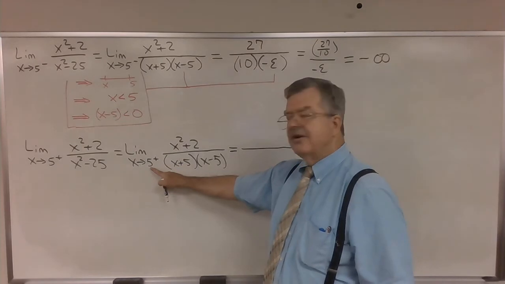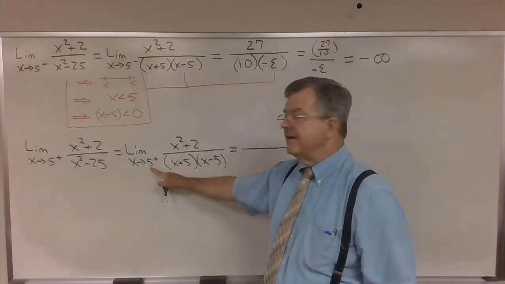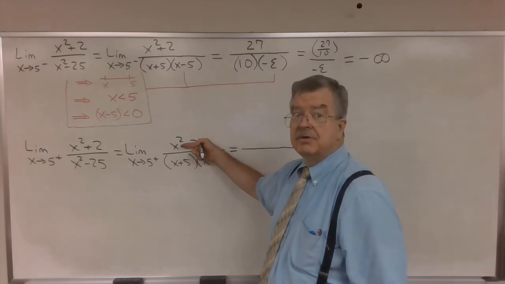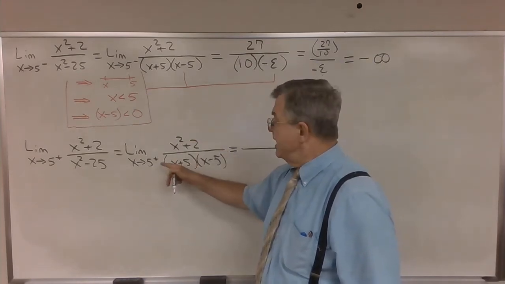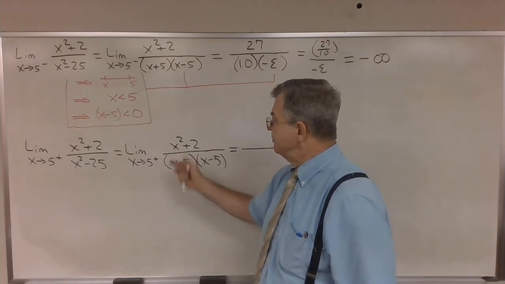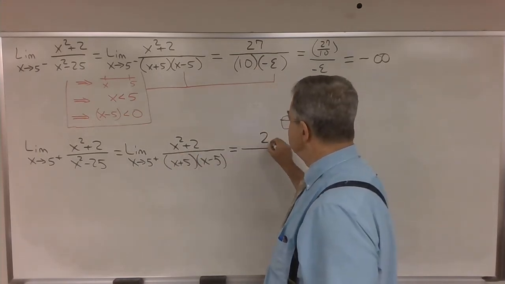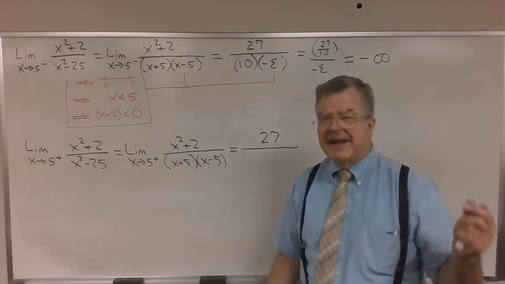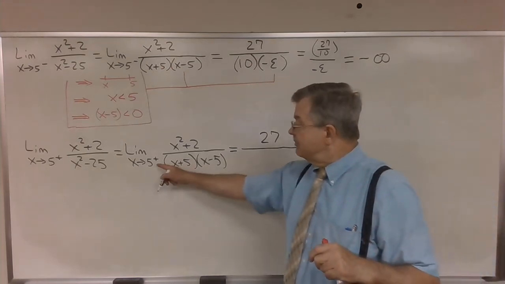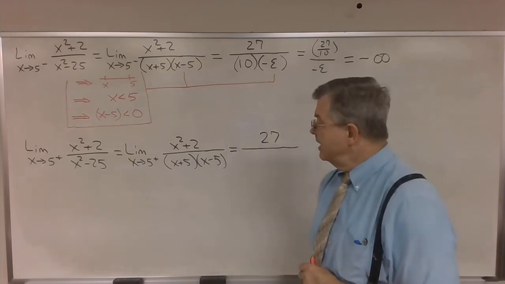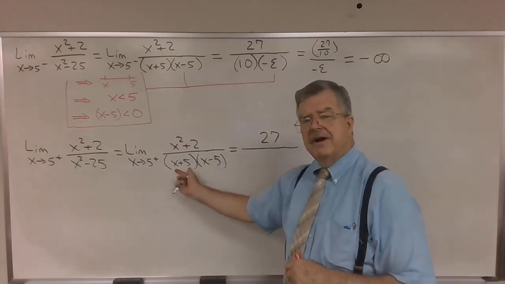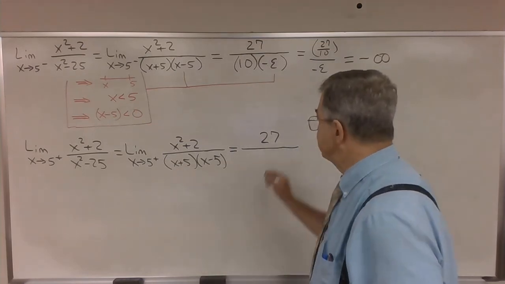And I apply the same logic I applied before. As x gets arbitrarily close to 5, then x squared is going to look like 25, right? And as x gets arbitrarily close to 5, x squared plus 2 is going to look like 27. For all practical purposes, that's what the numerator is as x approaches 5. And as x approaches 5, x plus 5 is going to look like 10.